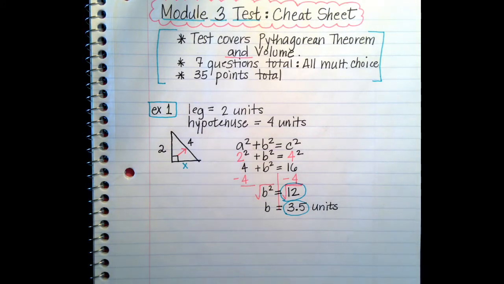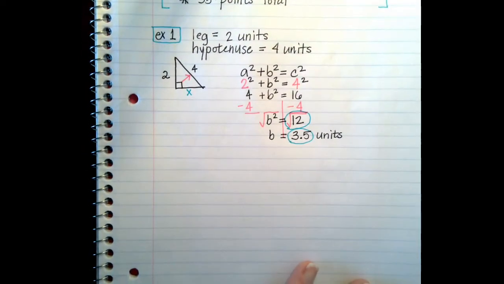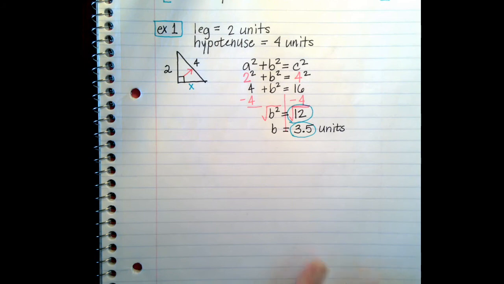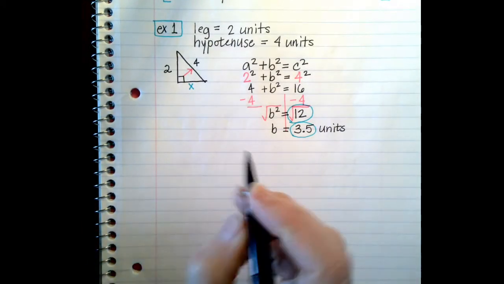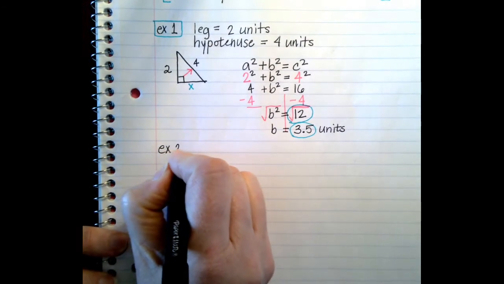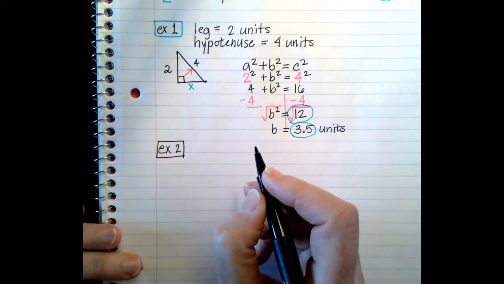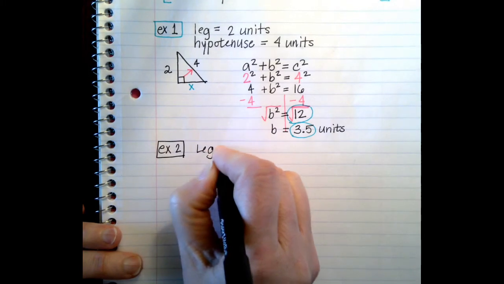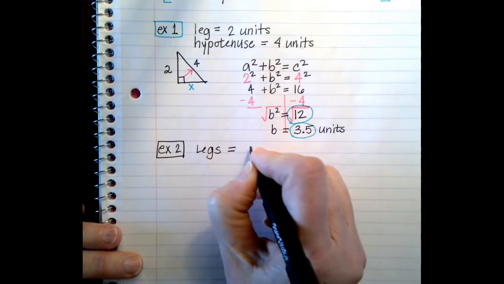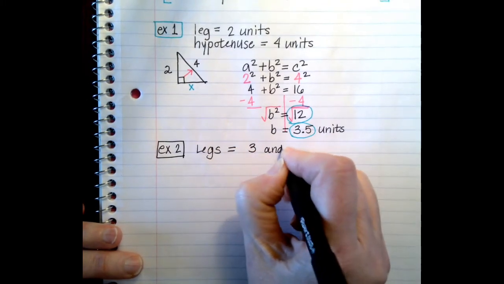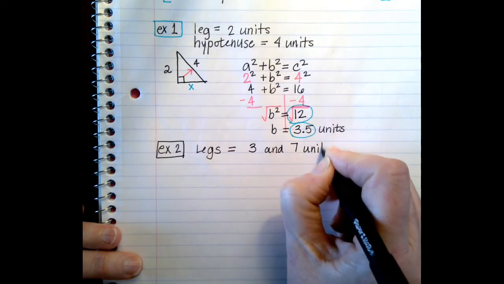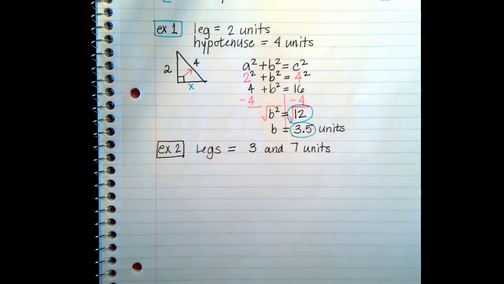All right, question type 2 would be if they give you both of the legs, and they want you to find the hypotenuse. So let's take a look at example 2. In this example, it says that the legs are 3 and 7 units, and they want to know what the hypotenuse is.